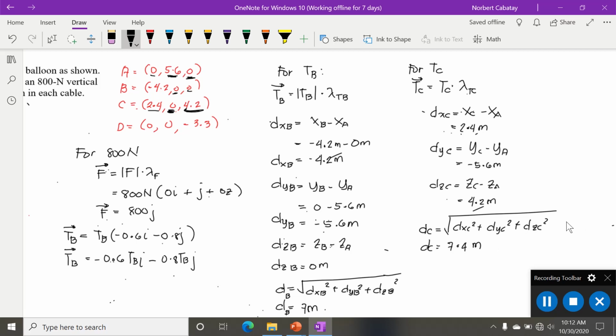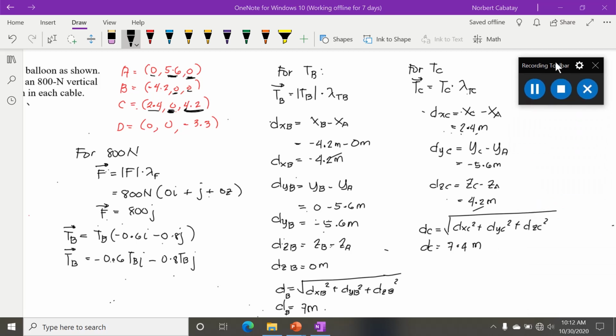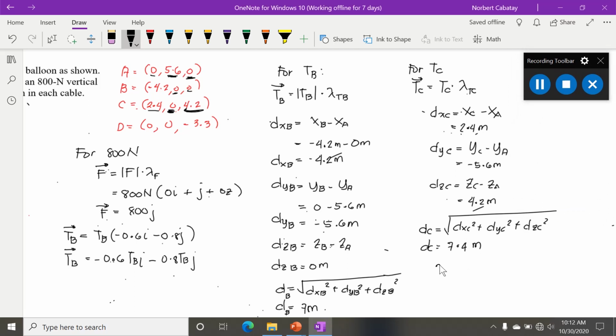So if we're going to solve for the lambda of C is equal to d sub xC i plus d sub yC j plus d sub zC k all over d sub C. You have lambda of C, you have 2.4 i minus 5.6 j plus 4.2 k divided by 7.4.